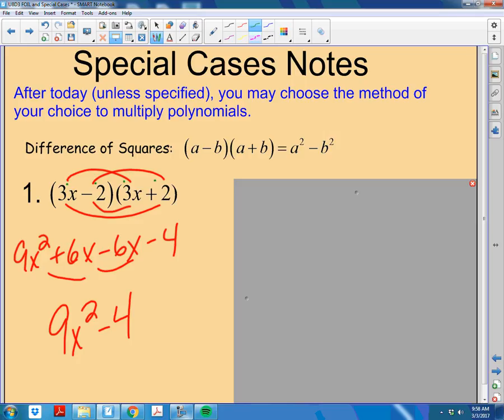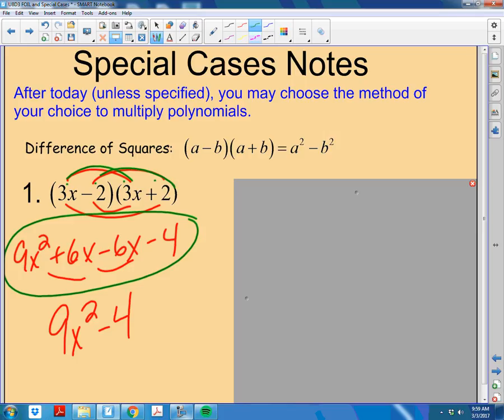One is addition and one is subtraction. You should begin to recognize that you don't have to do this step because they're going to cancel out. All you really need to do is first and last because the O and the I end up as opposite terms. It's called difference of squares.